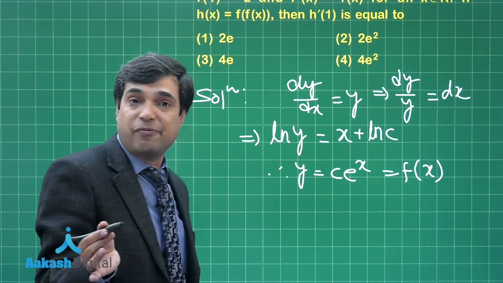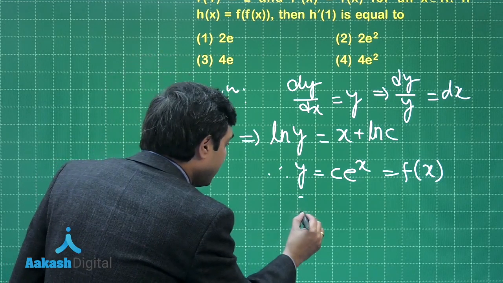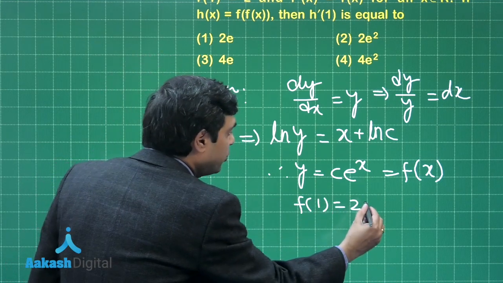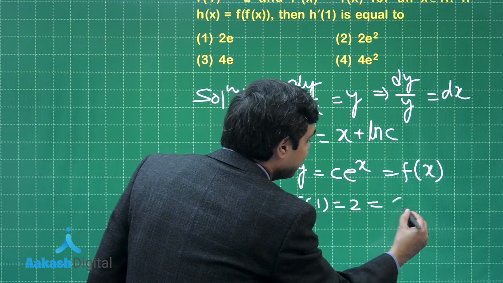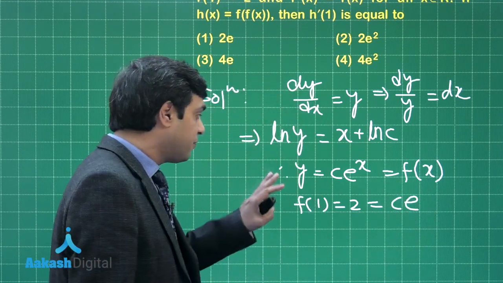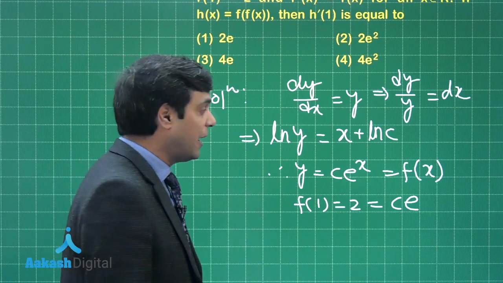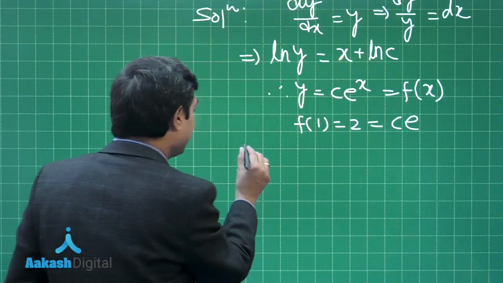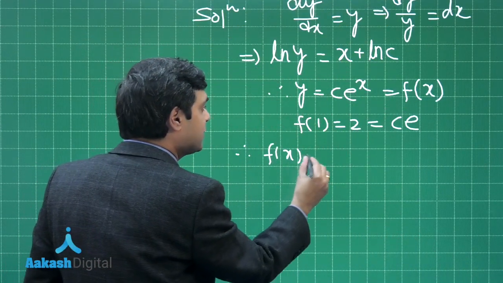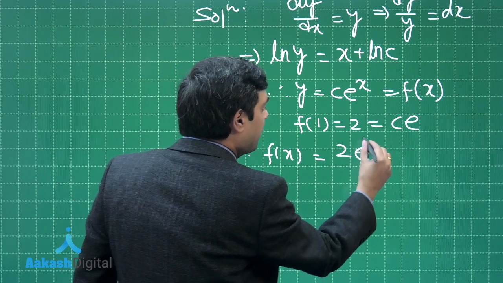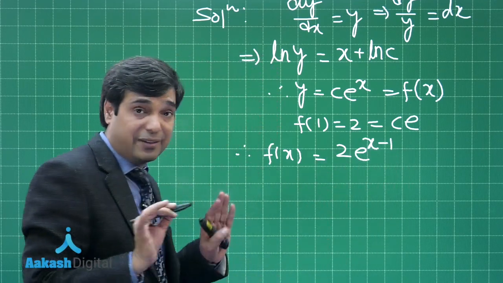Now, given to me f(1) is equal to 2. So, we have f(1) is equal to 2 is equal to simply ce. So, we get the value for c is 2 by e. Therefore, function is f(x) equals 2 e to the power x minus 1. That is clear.